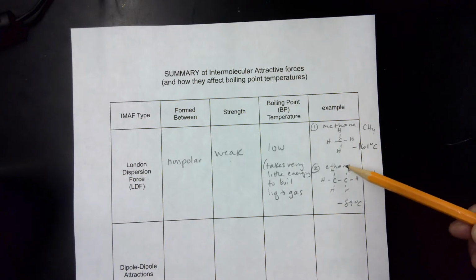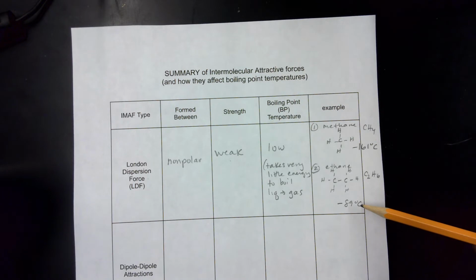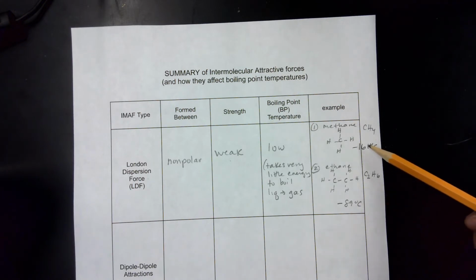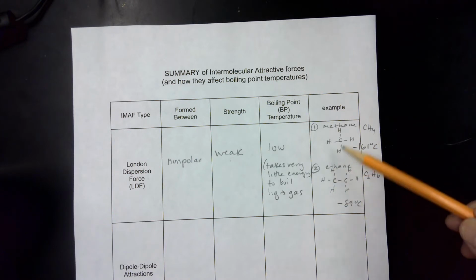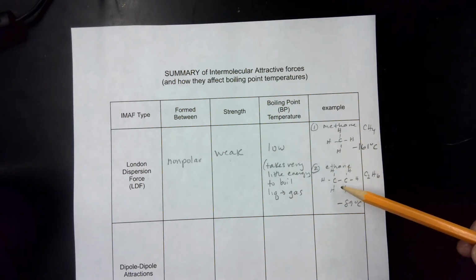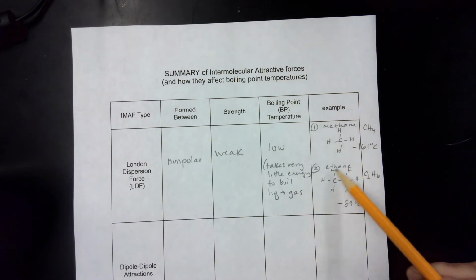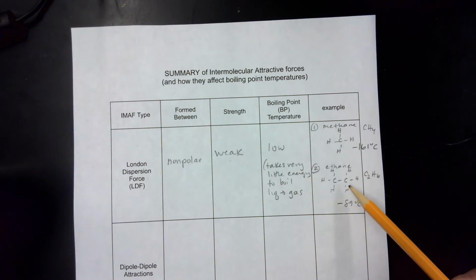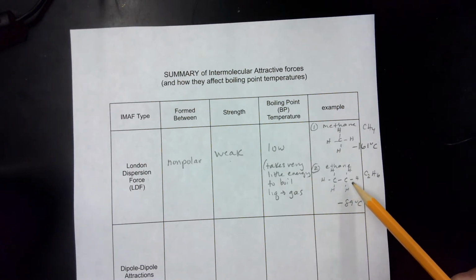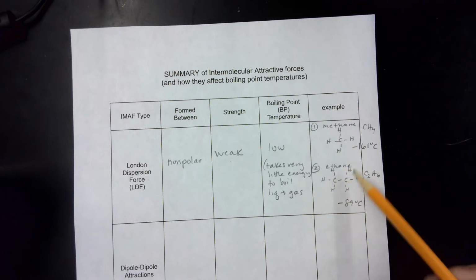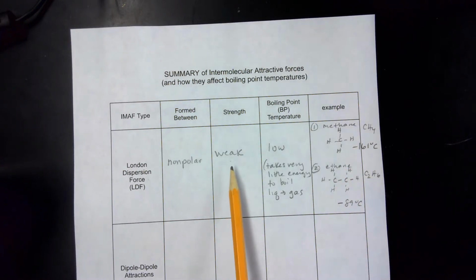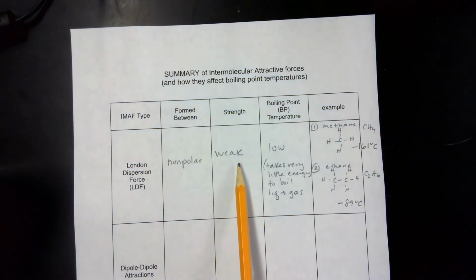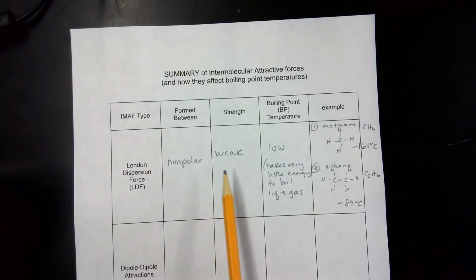But what is noticeable is that ethane has a significantly higher boiling point than methane. This implies that larger nonpolar molecules, because they have more electrons and therefore a greater chance of a charge separation, have still weak intermolecular forces, but stronger weak intermolecular forces.